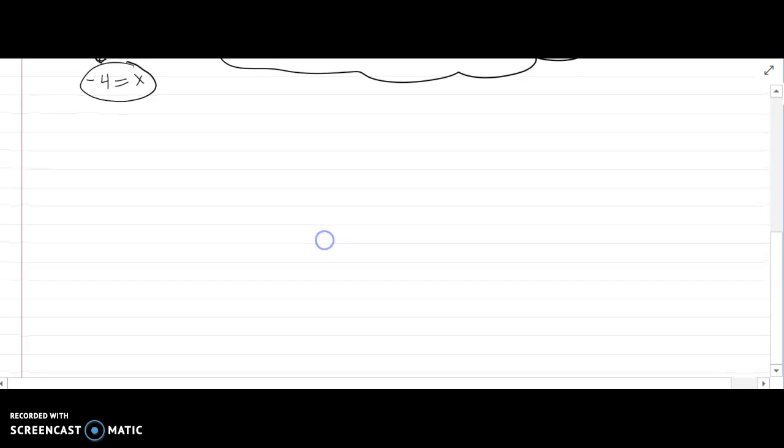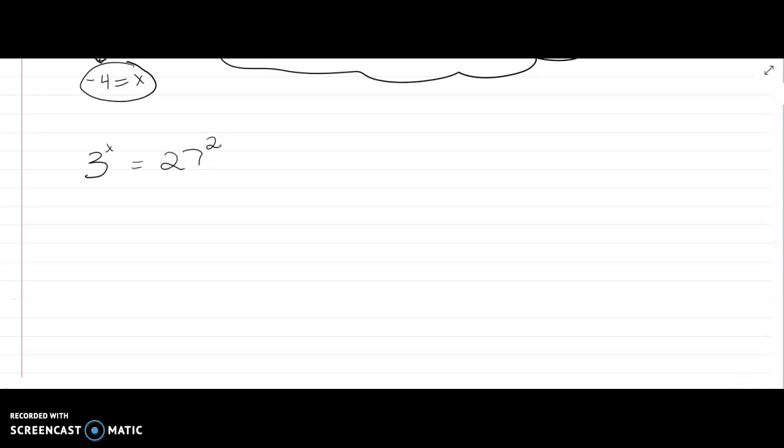Okay, what if the bases are not equal? So what if we had 3 to the x equal to 27 to the second, let's say. Okay, so first thing we're checking for is, are the bases the same?